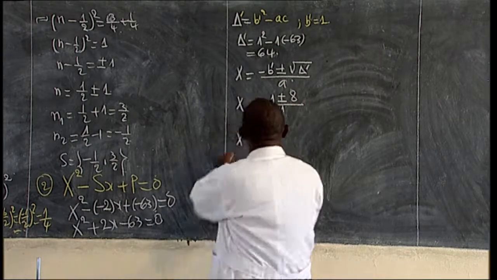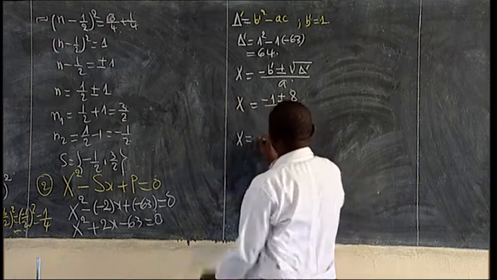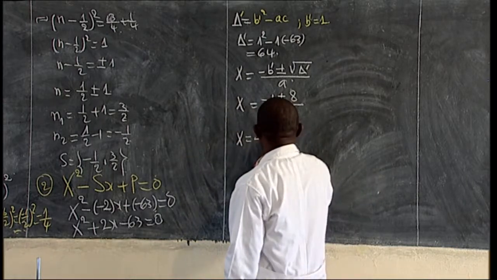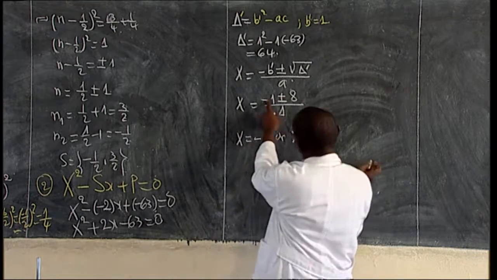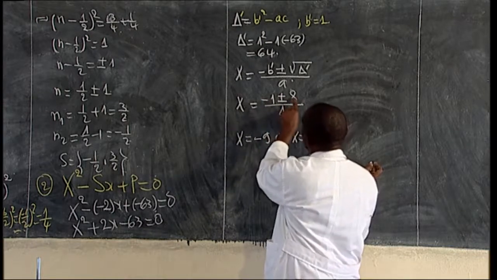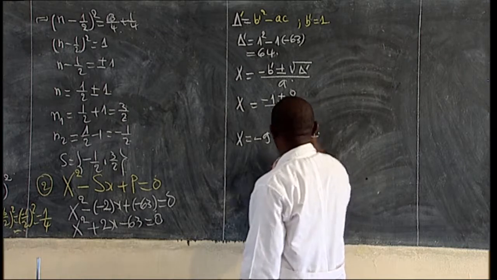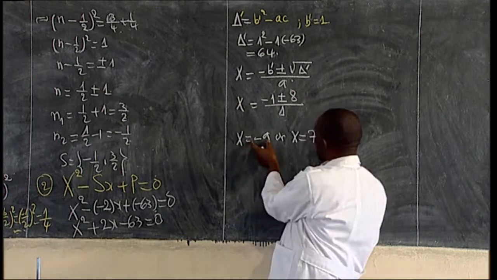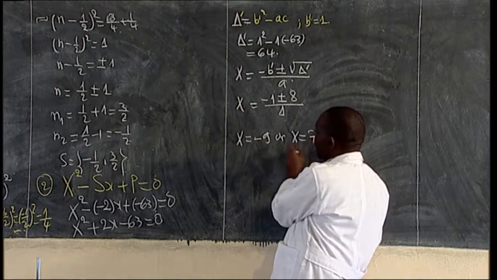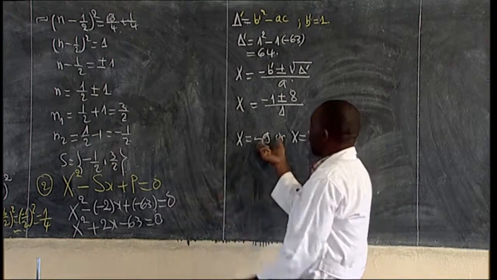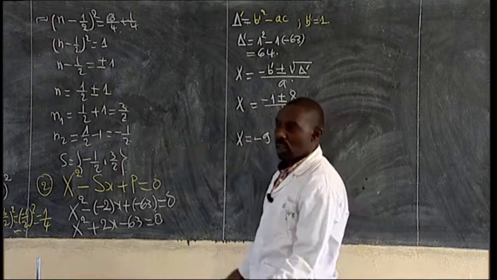So x is equal to minus 1 minus 8, it is minus 9, or x is equal to minus 1 plus 8, and you get 7. If we take minus 9 plus 7, you will get minus 2, and the product is minus 63.